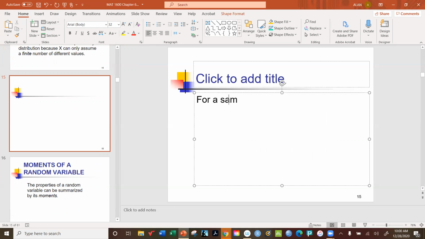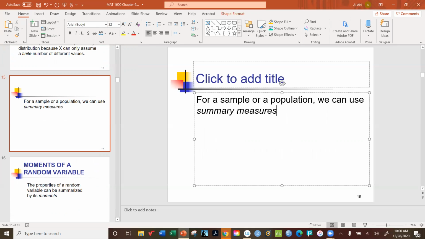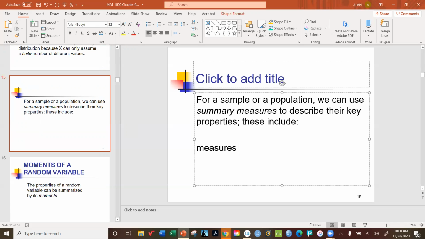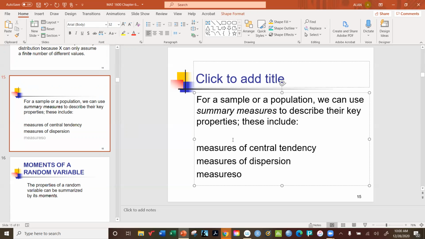For a sample or a population, we can use summary measures to describe their key properties. These include measures of central tendency, measures of dispersion, and measures of association.